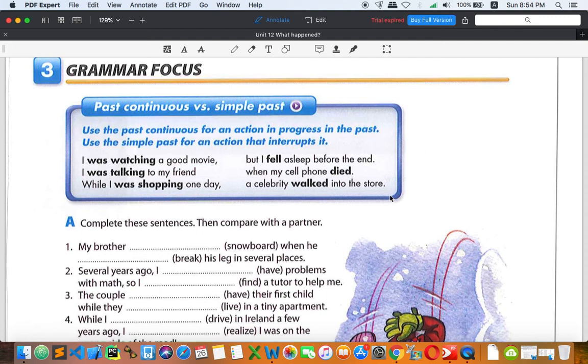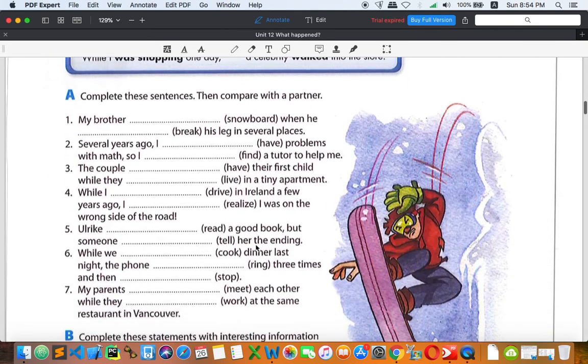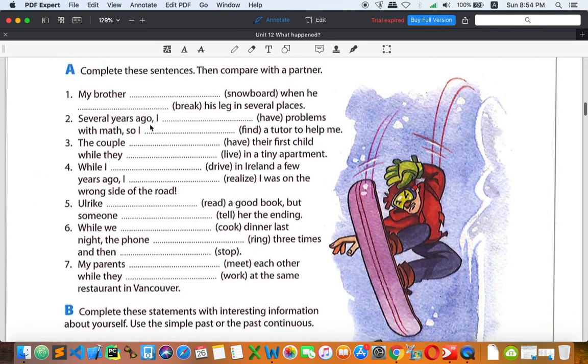Okay, so let's go to this exercise. I will give you one example, and the rest you can do by yourself. Let's try number one. My brother snowboard when he break his leg in several places.